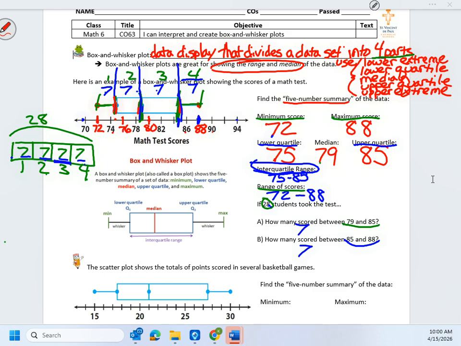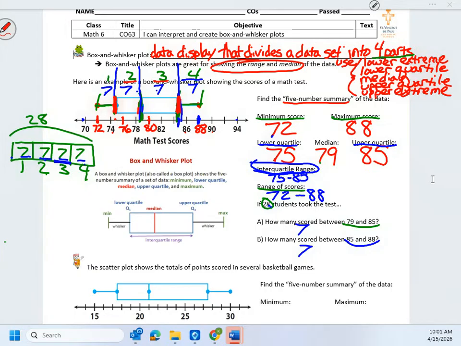So from 75 to 85. How many scores were in that interquartile range? So think about how many are in section 2 and how many are in section 3. How many would be in that interquartile range?